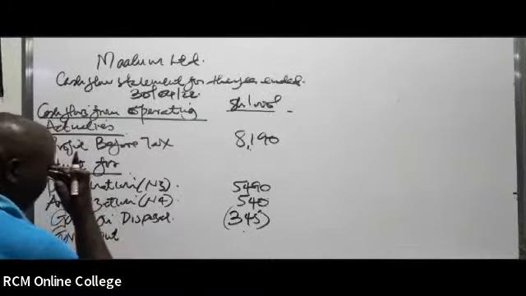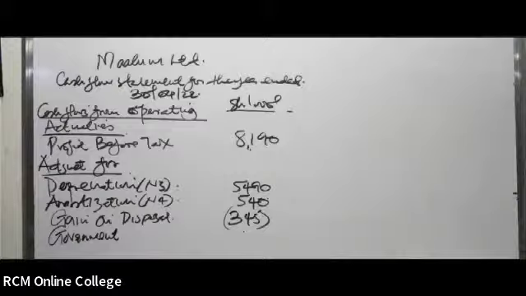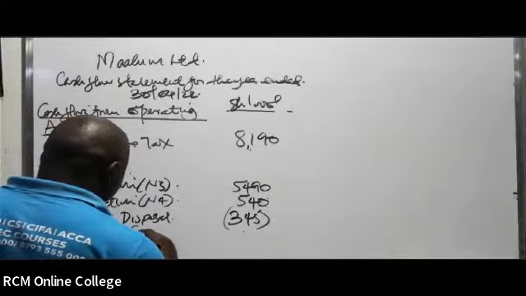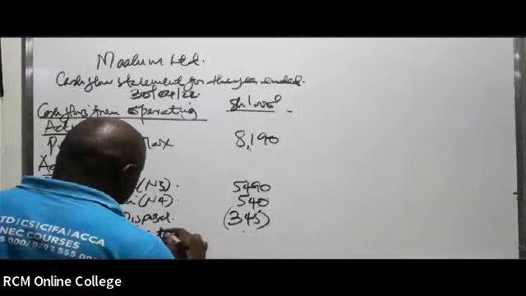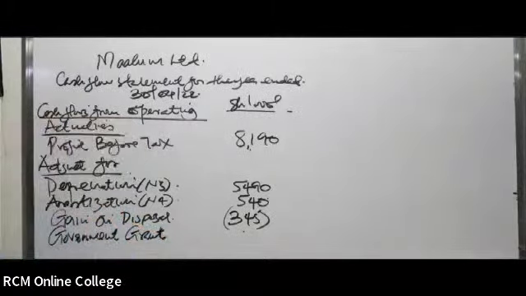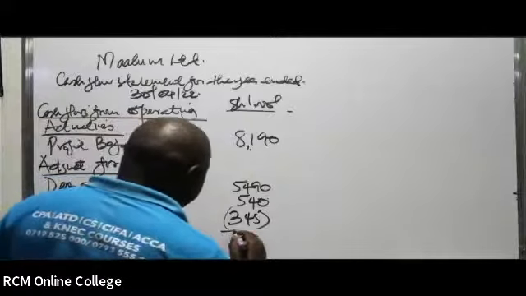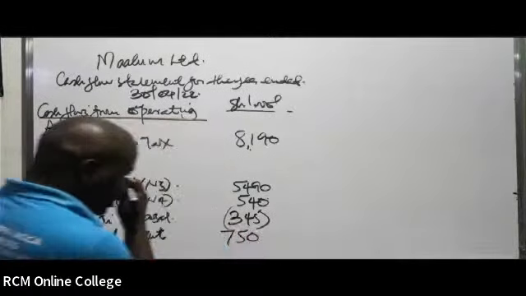But the real cash flow is what we calculated and got as 1710. So this government grant, we'll end up having to deduct it, which is an amount of 750.